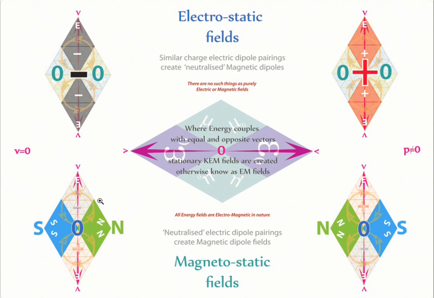As we mentioned, where you couple two fields together of the same size, the energy momenta, as illustrated in the middle of the picture, cancel each other out. So long as these fields are of equal size or equal strength, same energy quanta, they will cancel each other out and create static fields. Now, depending on whether they're similar or opposite charges, you will create either electrostatic fields, where the electric field is enhanced, or magnetostatic fields, where the magnetic dipoles are enhanced.